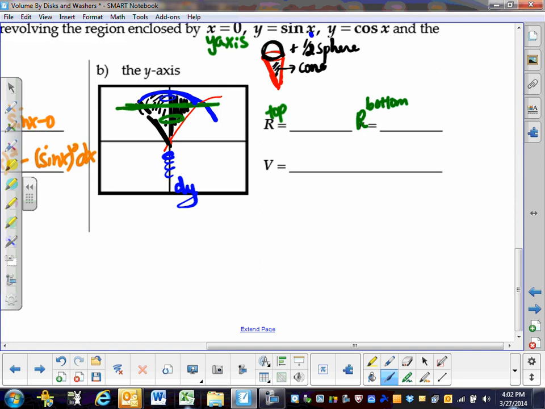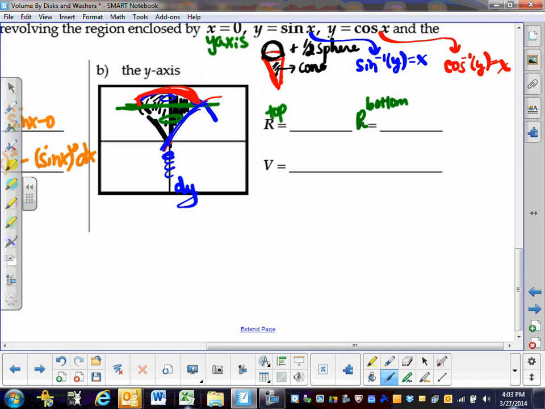So if y equals the sine of x, then arc sine of y is equal to x. If y equals the cosine of x, then arc cosine of y equals x. I'm going to color those backwards, so I'll switch this. So the cosine is going to be the red one now. The blue one will be the sine.